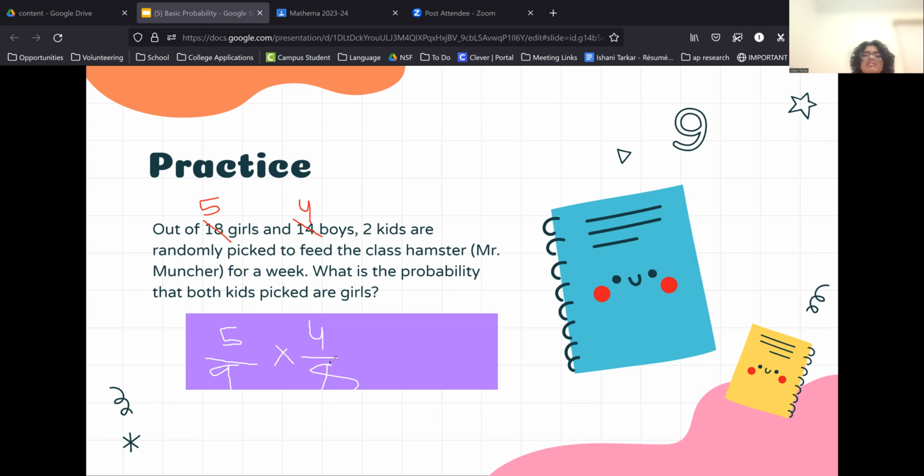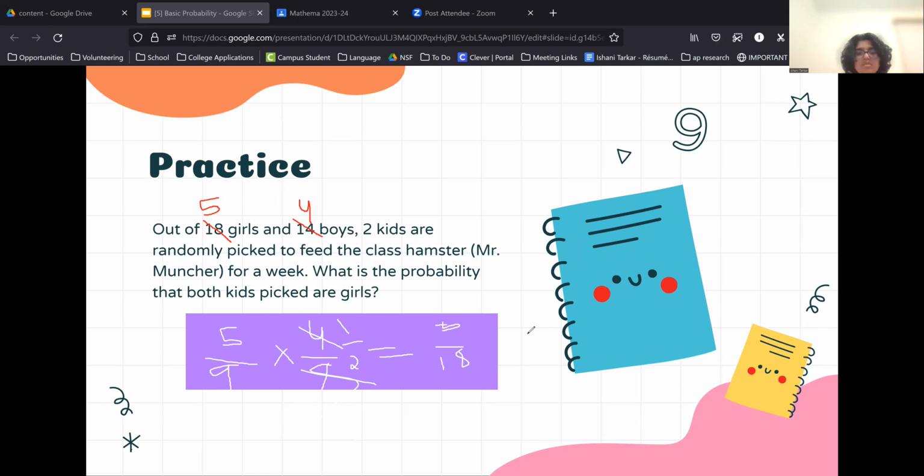So 4 over 8 is equal to 1 over 2. So 5 over 9 times 1 over 2 is equal to 5 over 18, which is the answer that you should have gotten.